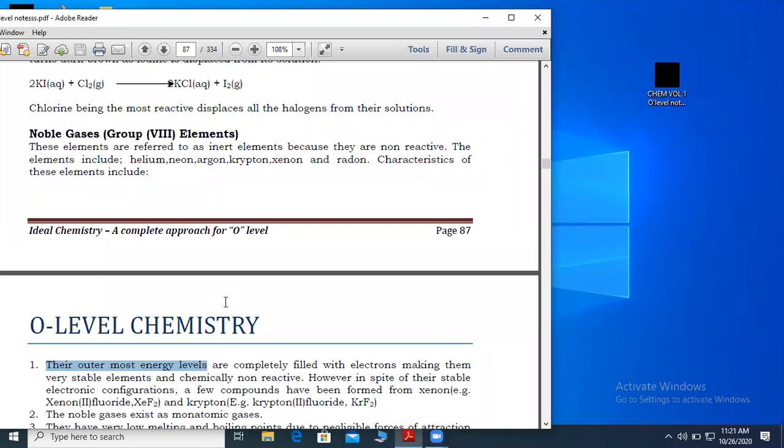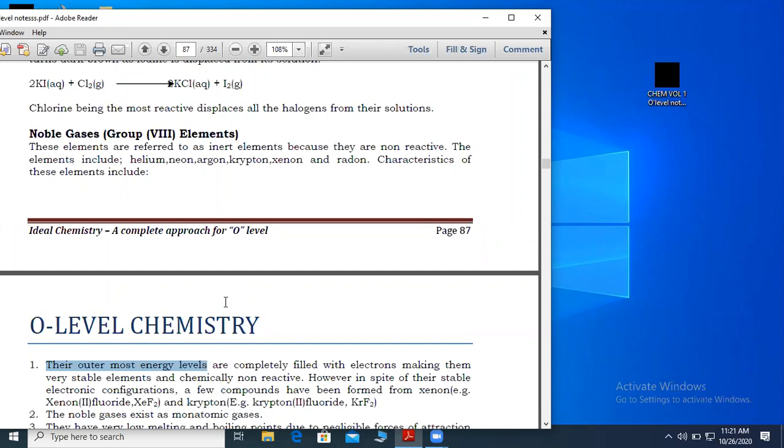And 8 electrons is the maximum number of electrons that an atom can have. So if it has the maximum of 8 electrons, then there will be no reaction. Okay? There will be no reaction because it is stable. Because to react means you have to add another electron. So that electron you want to add will be repelled because the atom already has 8 electrons in the outermost energy level.